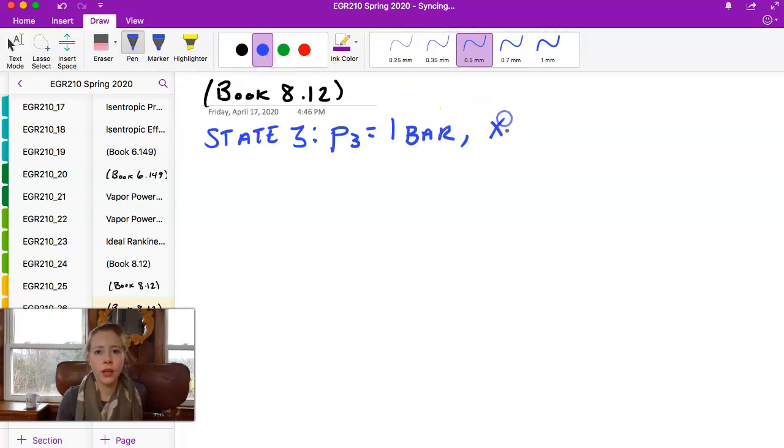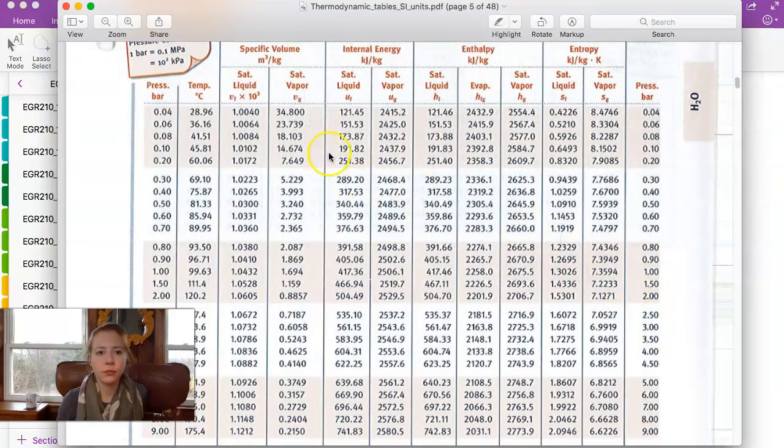We know the quality is 0. And so in the table, we can look up, since P3 is 1 bar and the quality is 0, H is going to be 417.46.